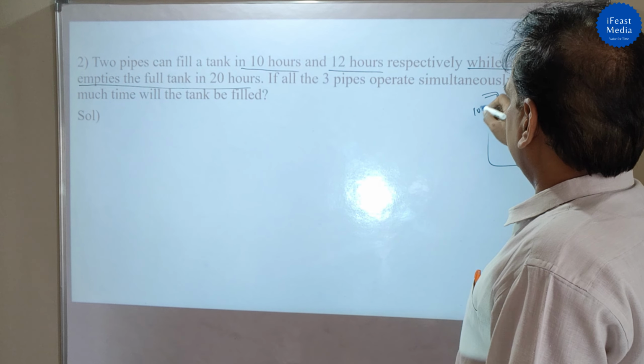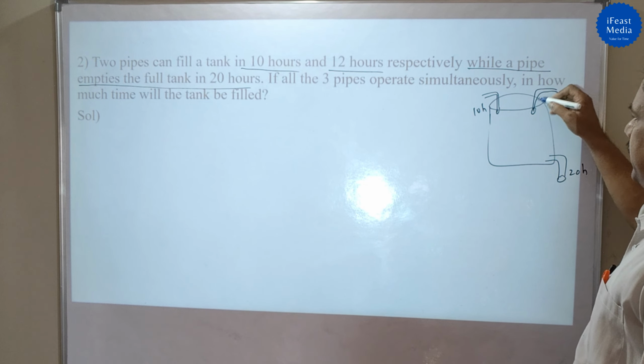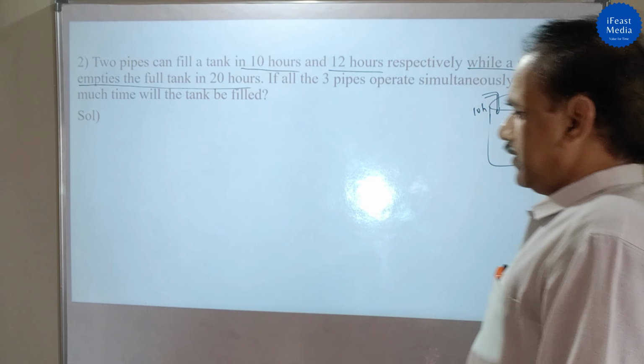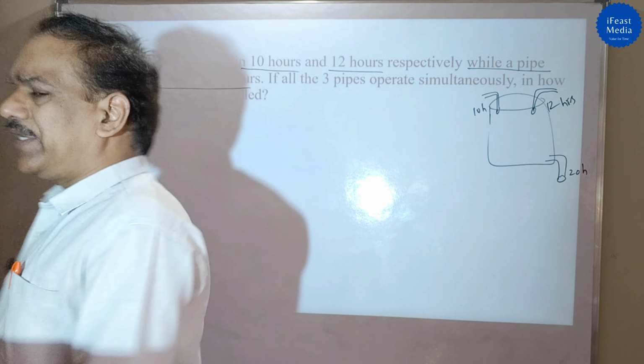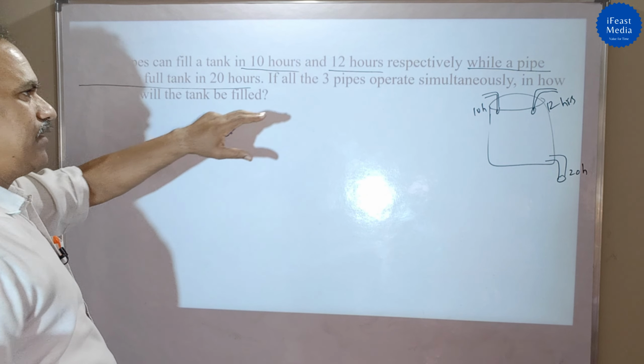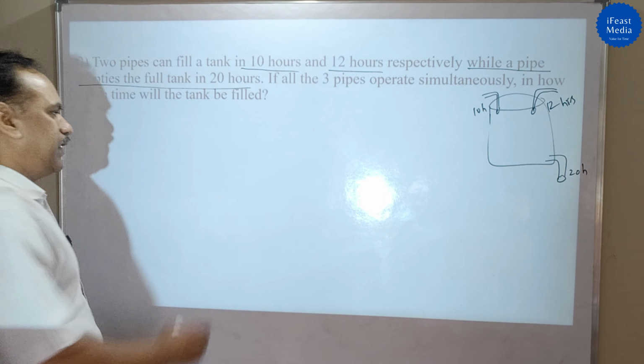This can fill individually in 10 hours. Independently, this can fill the tank in 12 hours, right? So if all three pipes are opened simultaneously, in how much time will the tank be filled?